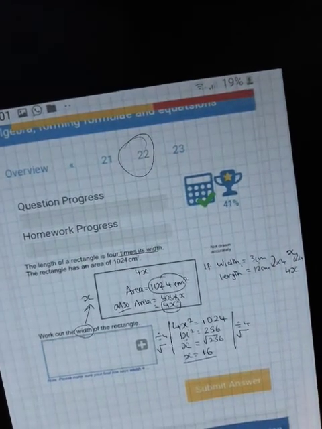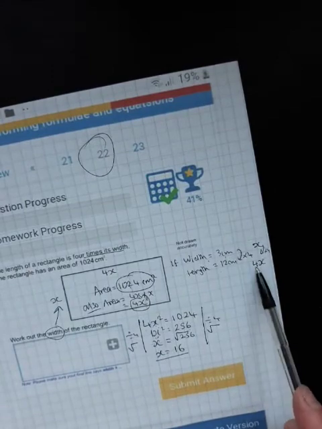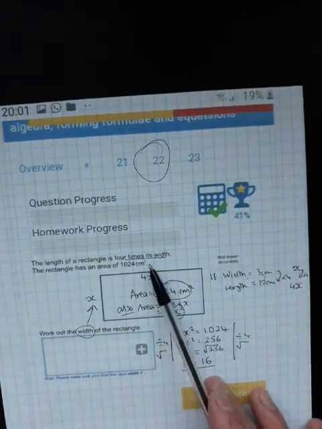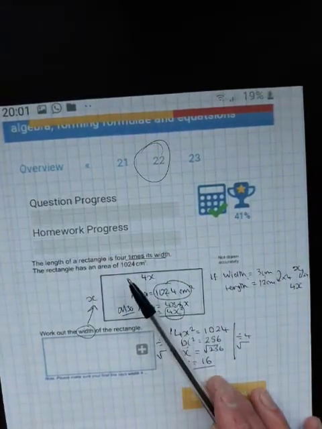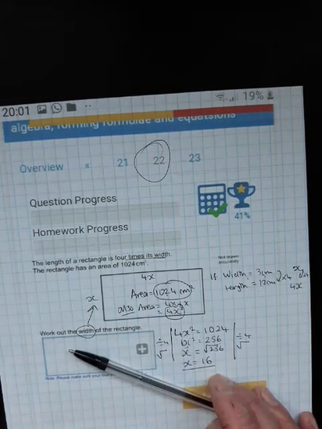And yeah, hopefully, when you look at it that way, it's not so hard. I think the hardest part there was actually getting the algebra for the length and width. So if it ever says something's 4 times the width, call one x and say the other one's 4x. If it was 7 times the width, one's going to be x, the other one's going to be 7x.